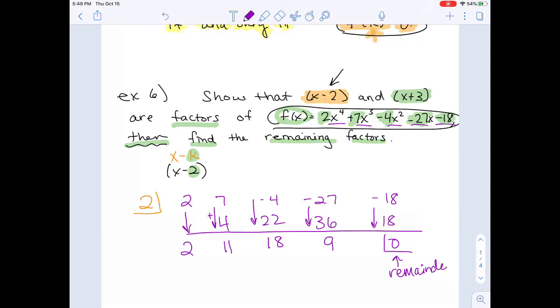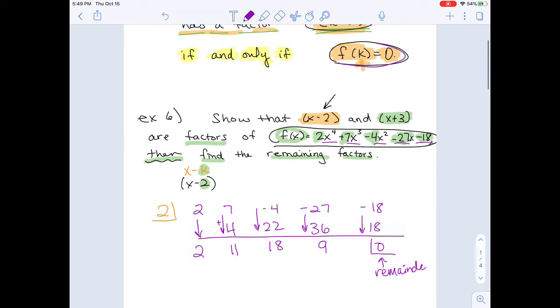Now check it out. If our value of f of k was 0, which it is, because remember we learned yesterday with the remainder theorem, using synthetic division, that if the remainder was 0, that is the value.